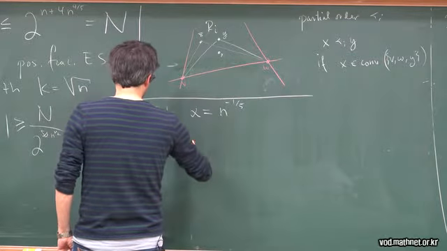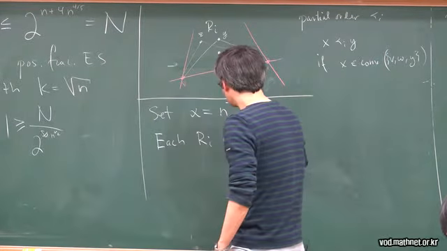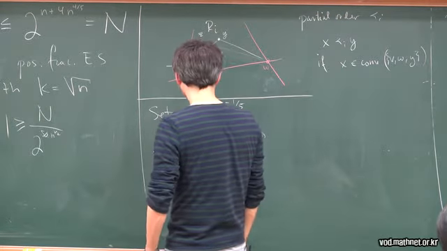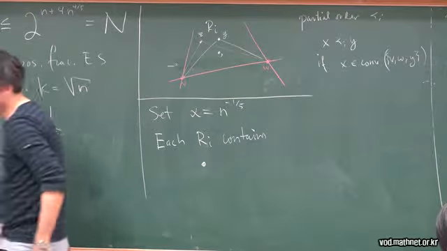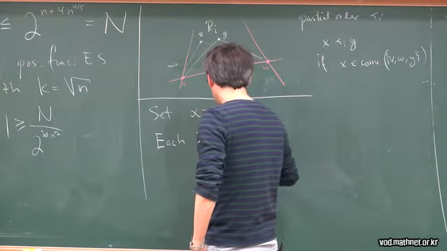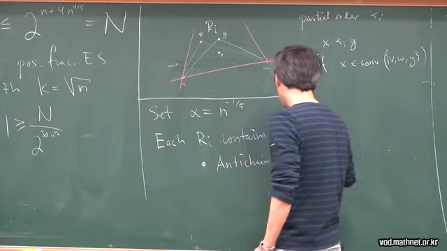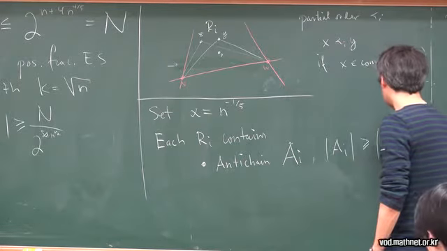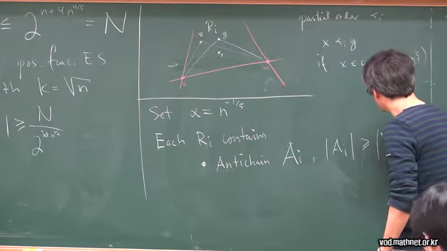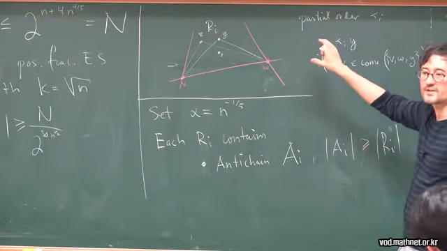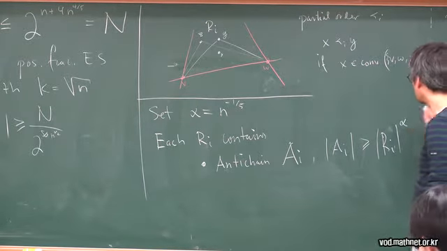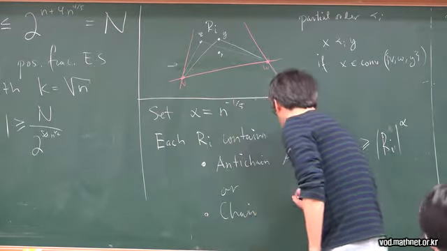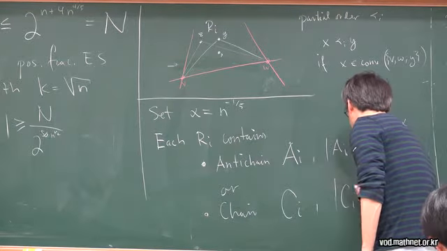Each Ri contains either an anti-chain Ai where the size is at least the size of Ri, I'm using Ri for the set of points in the region, to the power alpha, or a chain Ci.